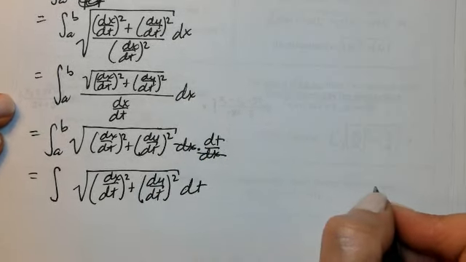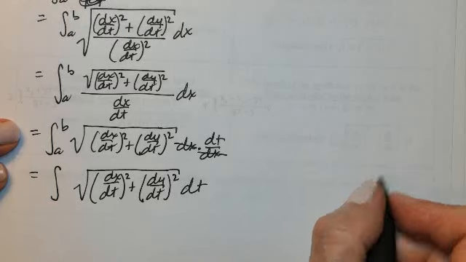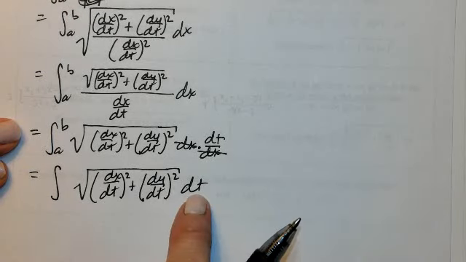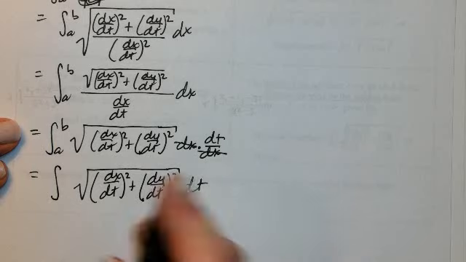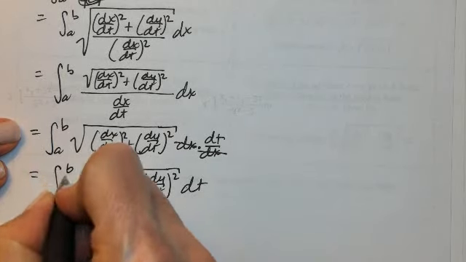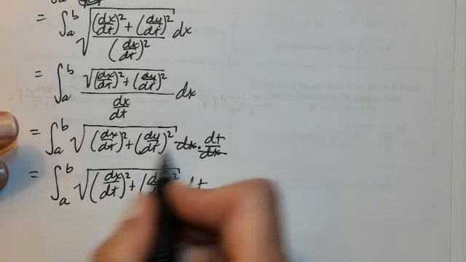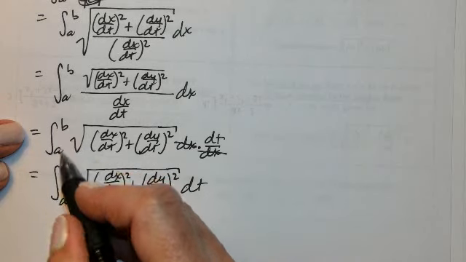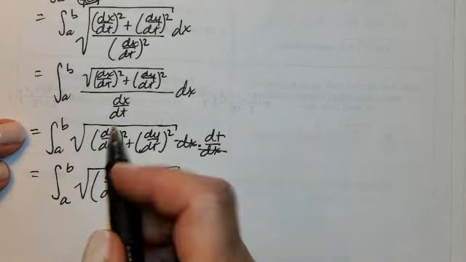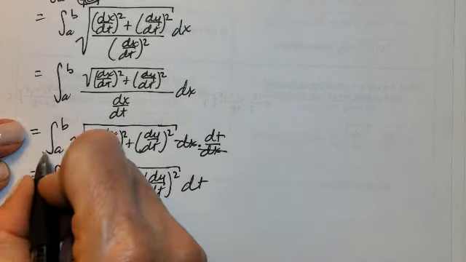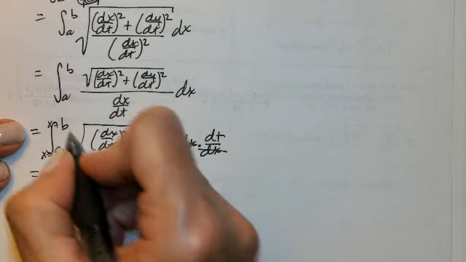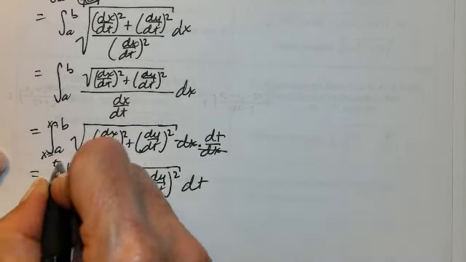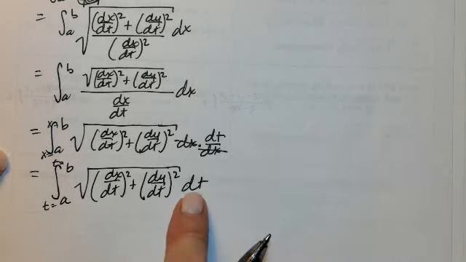They cancel out. Now, the a and the b here, now we're in dt, right? I'm going to keep this a and b, but these are times now. They're not x values. I kind of hate to keep the same a and b because it makes it look like they're exactly the same as they were up here. But we went from x equals a to x equals b to now these are times, all right? So it depends on your problem, but those are times, just like they should be.